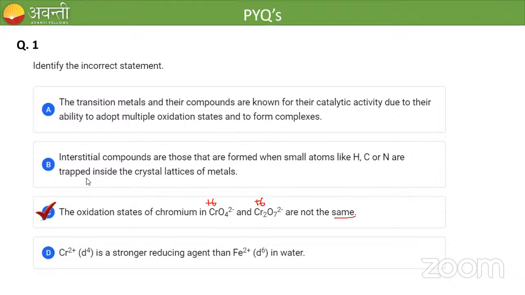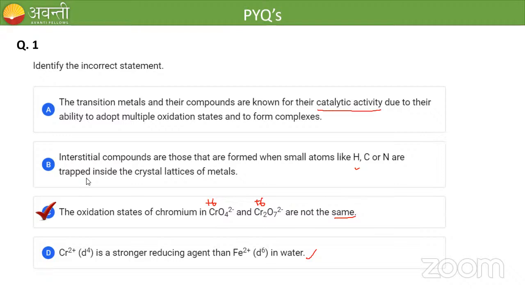They are the same, but the statement says they are not the same, so that is the incorrect statement. Option A is correct. All the transition metals can exhibit catalytic activity due to the given reason, and interstitial compounds are also formed. It is also correct. And option D, Cr2+ is a stronger reducing agent than Fe2+ in water. It is also correct. Option C is the incorrect statement. Very good.